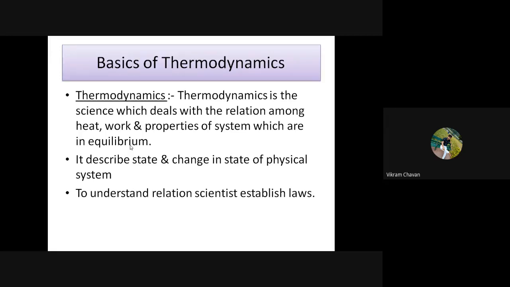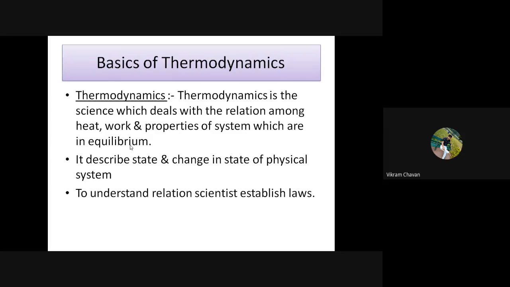To understand the conversion relationship between heat and work, the properties of a system, and also the phenomenon of change of state, we need to understand the laws. To understand the relationship, scientists established some laws. Which are those laws?